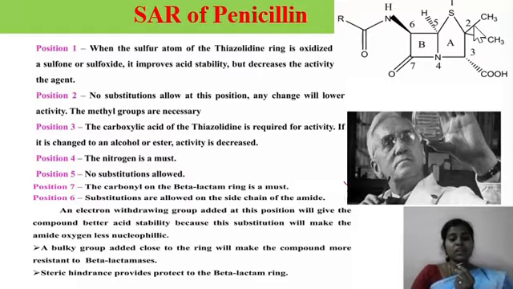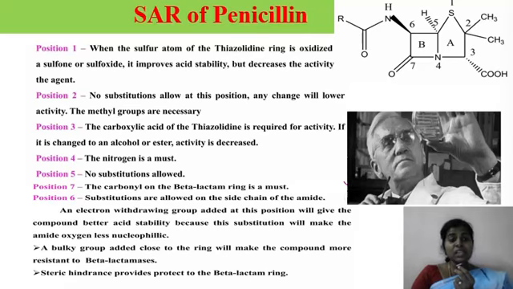And when I see the substitution at the thiazolidine ring, say at the C3 position, you have the carboxylic acid group. If the carboxylic group forms esters, they act as prodrugs, for example, pivampicillin.